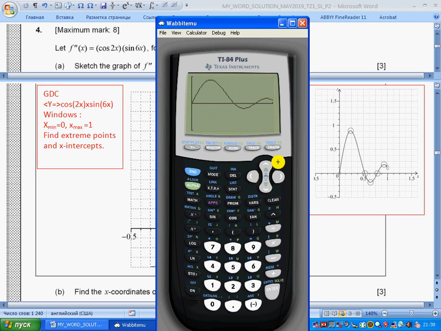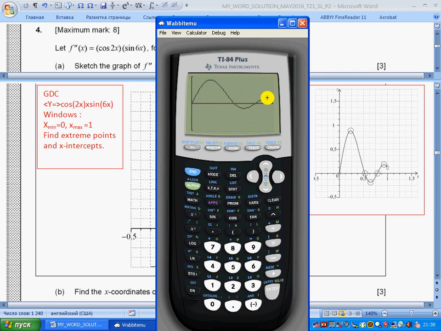Right. When you finish, you can sketch this graph, but for sure you need important points. This is 0, 0 for sure. You need the maximum. You need the intersection.